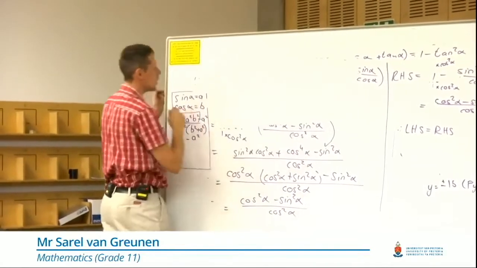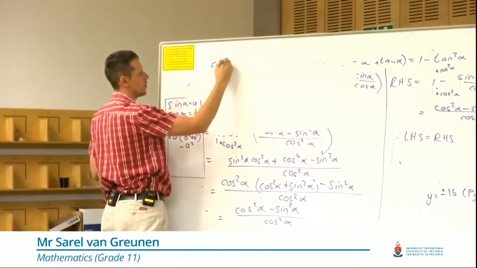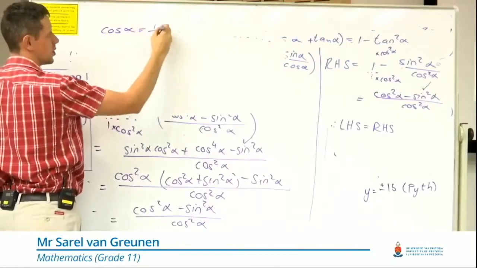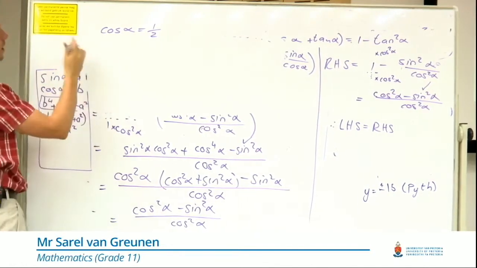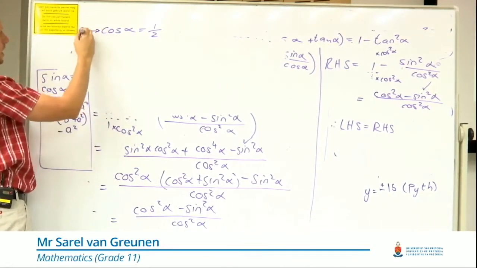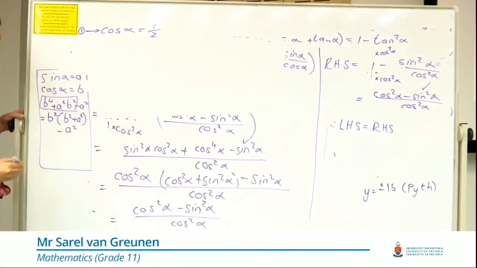Now I'm not going to spend any time on this one, because you did it since grade 10, now in grade 11, all we did was general solutions. Okay? So this is your first type you need to be able to solve.